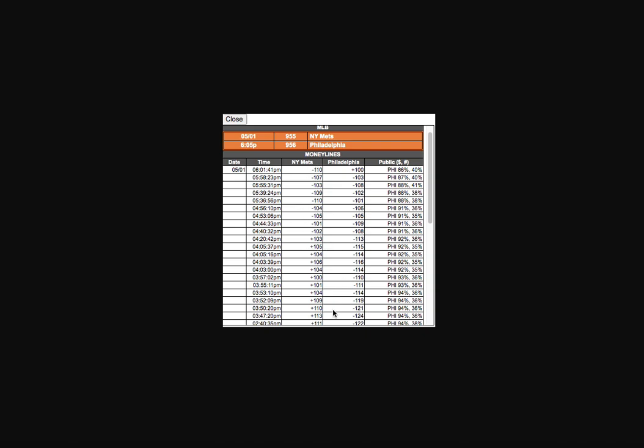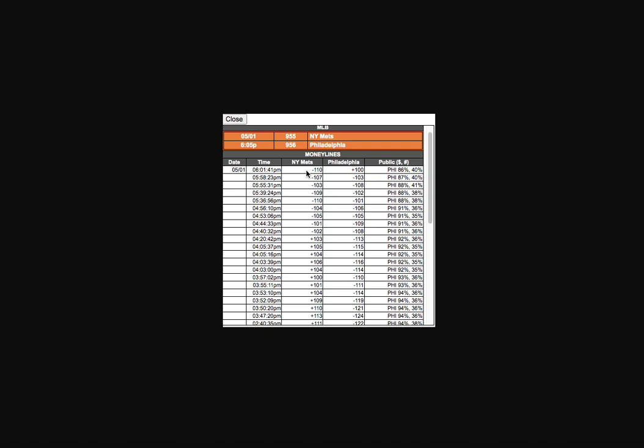So I did mention this on the other game. A 25-cent line move is a pretty significant line move. If you're just looking, let's say a line goes from minus 104 to minus 110, that's only a 6-cent line move. That's not significant. But when you look at the line had peaked at plus 113, moved all the way to minus 110, that's actually a 23-cent line move: 13 points down to plus 100, and then another 10 points to minus 110.